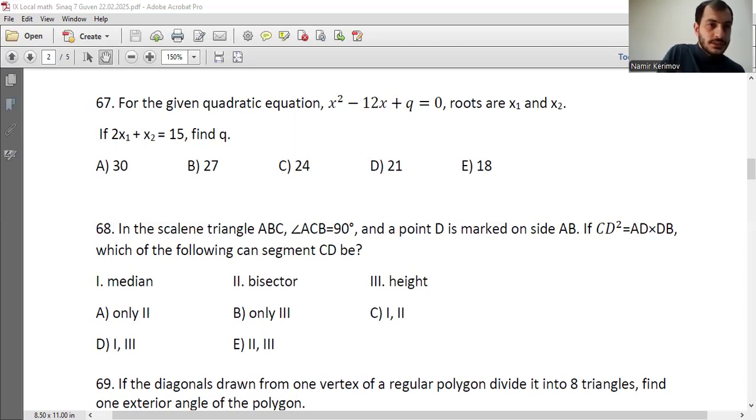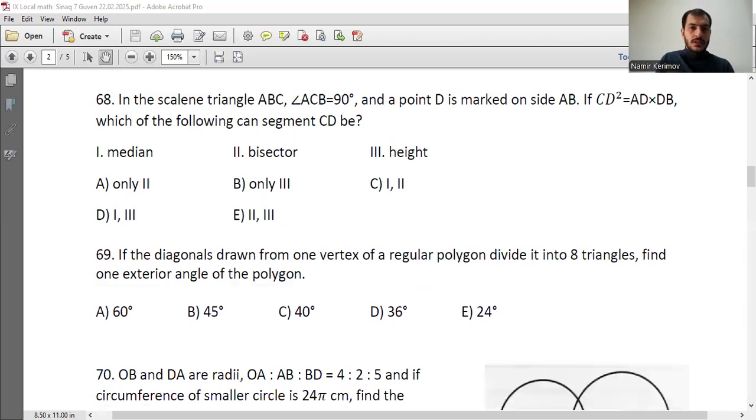Next question, 68. A, B, C. In triangle ABC, C is the right angle, and D is marked on the side AB. So there is D, we don't know where it is. And CD squared equals AD times BD.